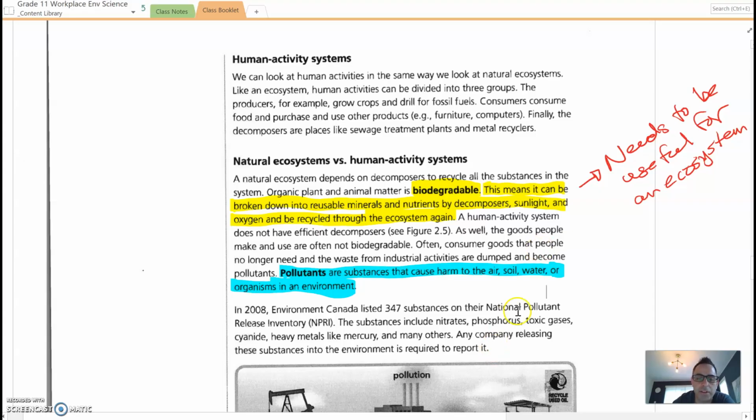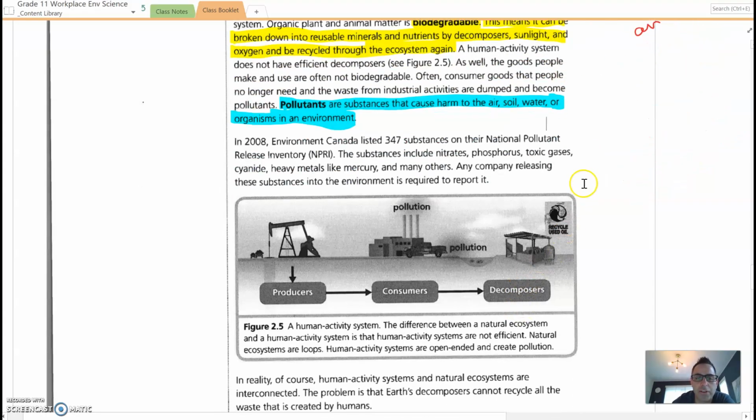In 2008, Environment Canada, and that's part of our government, they're tasked with overseeing everything, making sure pollutants are reduced and keeping an eye on companies. Environment Canada listed 347 substances on their National Pollutant Release Inventory, or the NPRI.